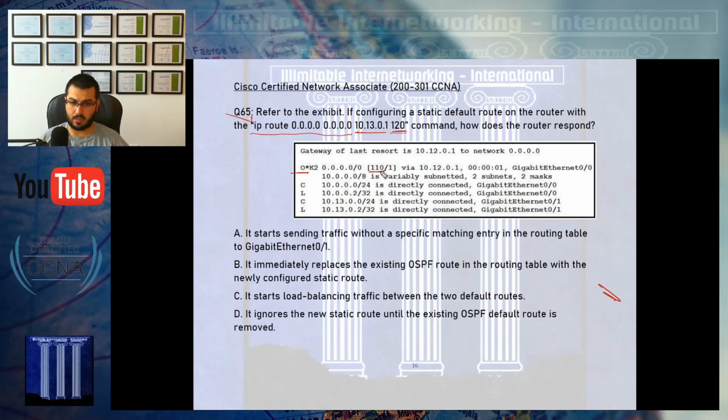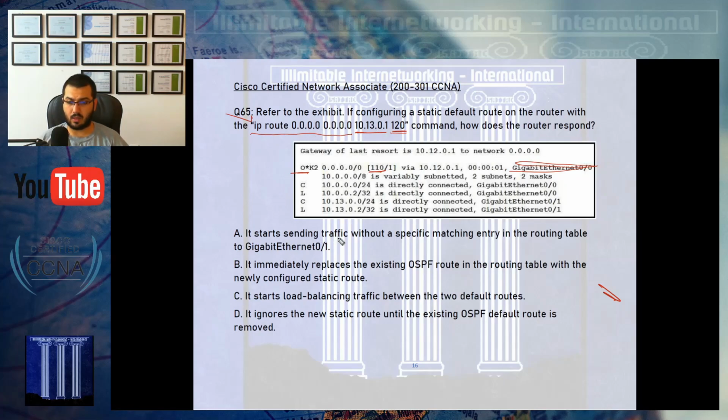As long as this interface is up, this one is hidden and not even installed in the route. You can see that there is no route with an AD of 120, but you need to disable this interface or make this link fail, so that the OSPF route will be deleted and replaced with this one.